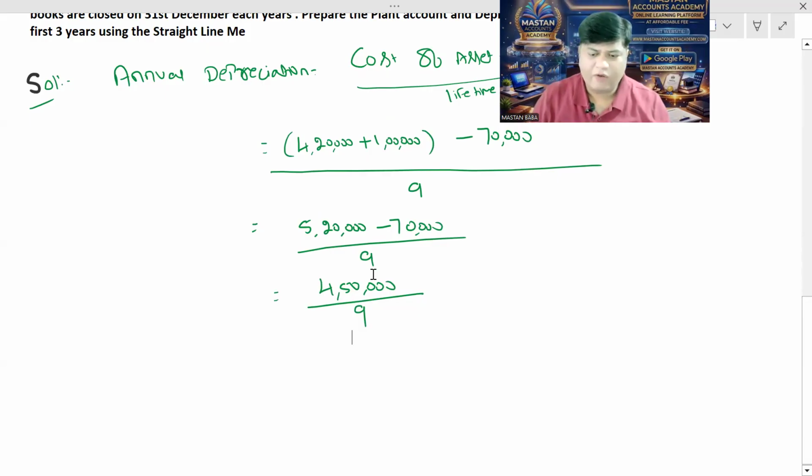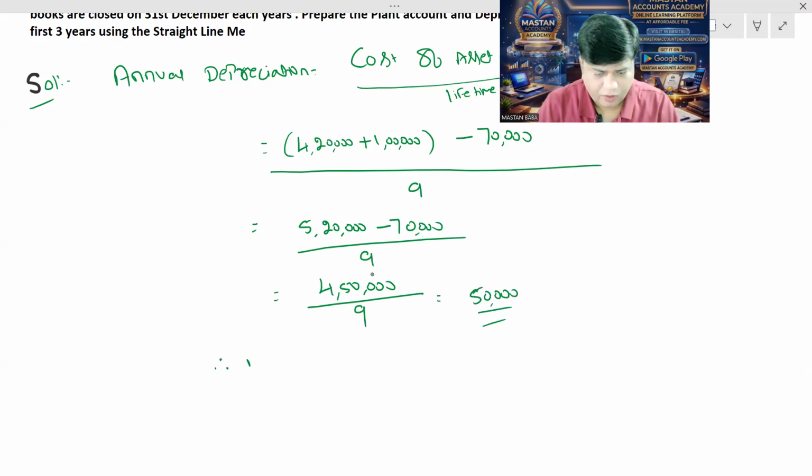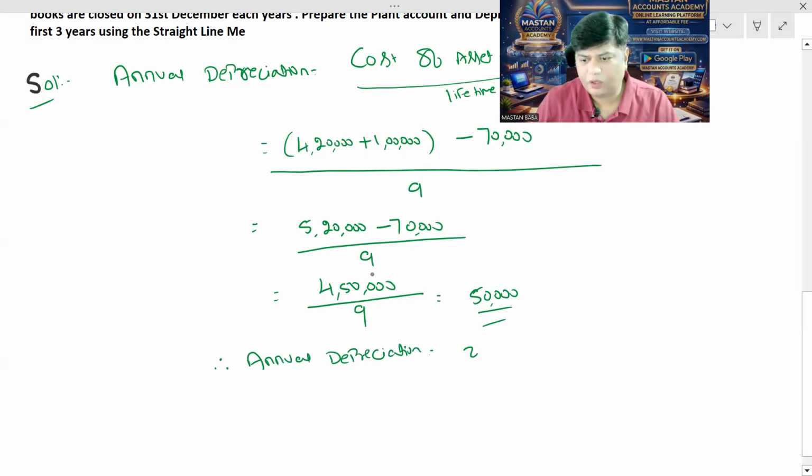So calculate the annual depreciation. How much will you get here? 4,50,000 divided by 9. Very simple calculation. Therefore, annual depreciation is 50,000 rupees. That's it.